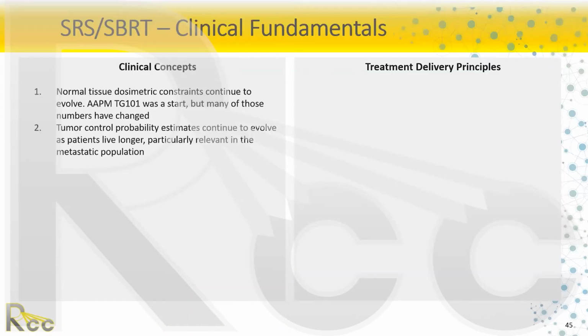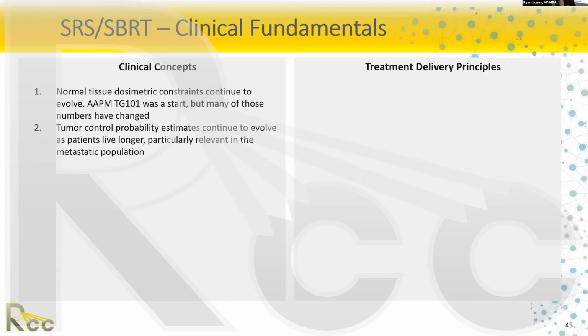Our tumor control probability estimates continue to evolve, particularly in the metastatic population. And so follow some of the literature there. I saw cases at Southwestern where, by the time I came, thanks to improving systemic therapy, we now have metastatic patients living much longer than we ever did before. And we would have patients out 10 to 15 years from their metastatic disease diagnosis.